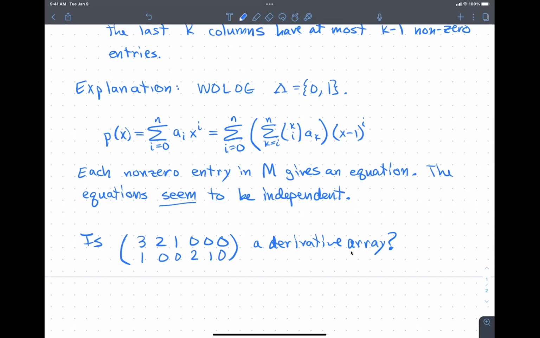But in general, right? Any 2 by 6 array, which has 6 non-zero entries, is not a derivative array. And that goes out by computation to n equals 10 or 11 or 12.